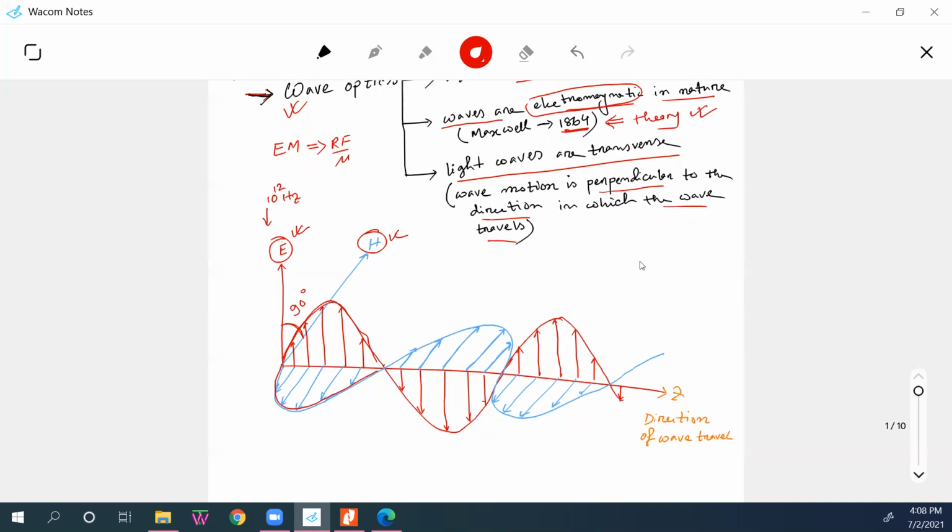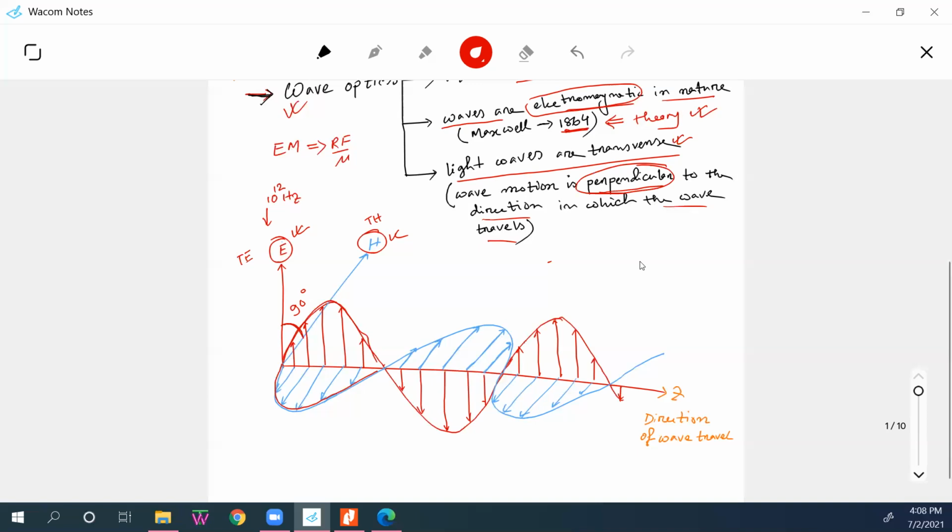For our purposes we call it transverse. So this electrical field we call the transverse electrical field, and the magnetic field we call the transverse magnetic field. Transverse means perpendicular to something or across something. So they always make a 90 degree angle.